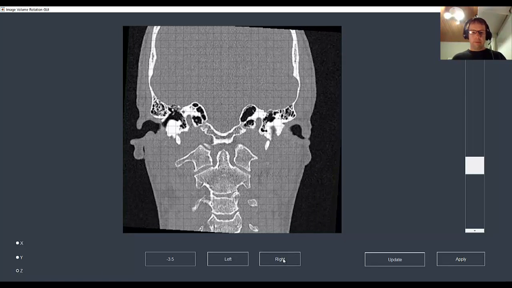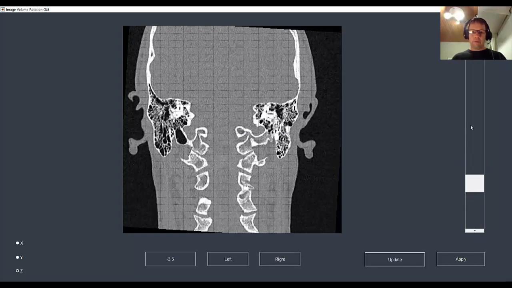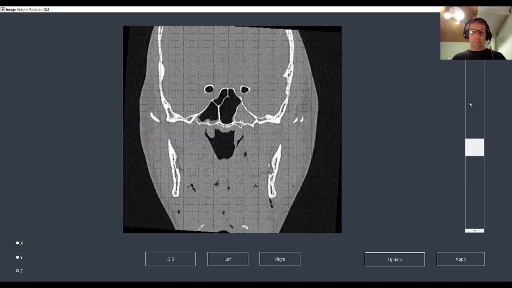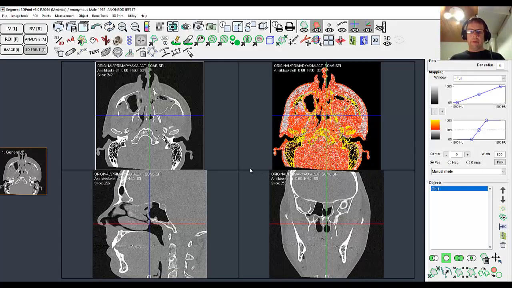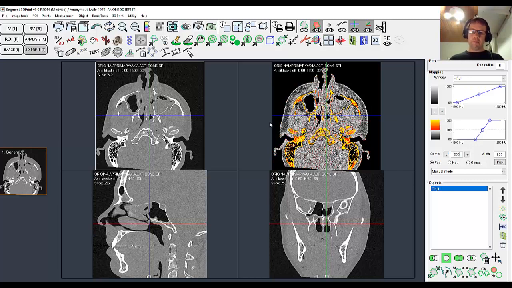It's not super important to get it completely right, but it helps the segmentation. Okay, the first thing is I will do a threshold, so I will adjust the threshold. Something like this is maybe good for the bones.